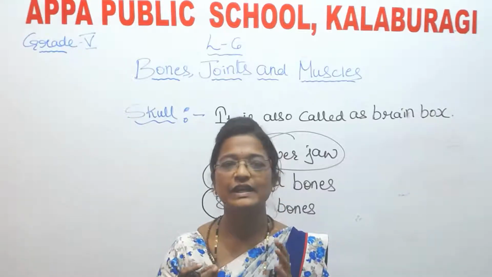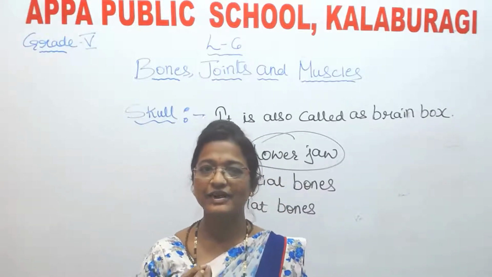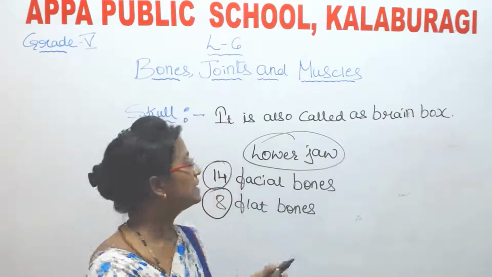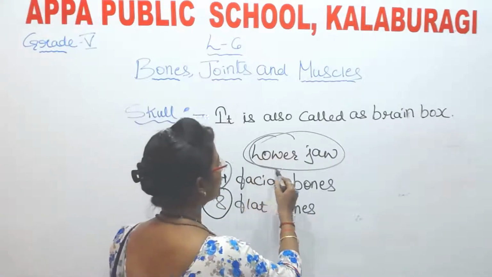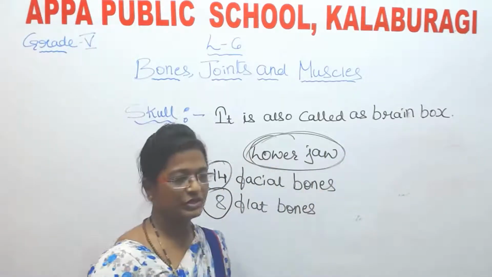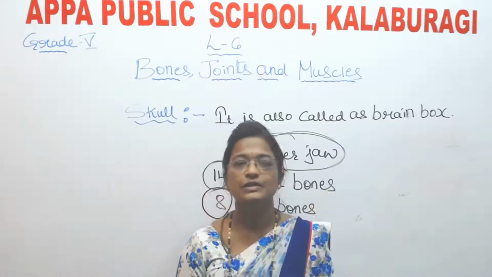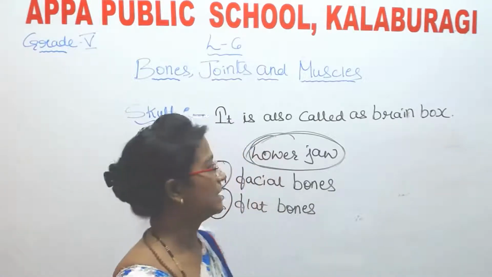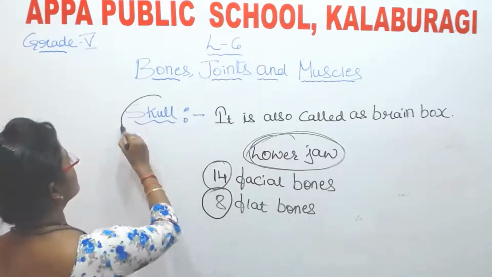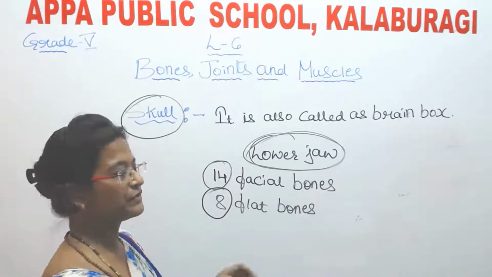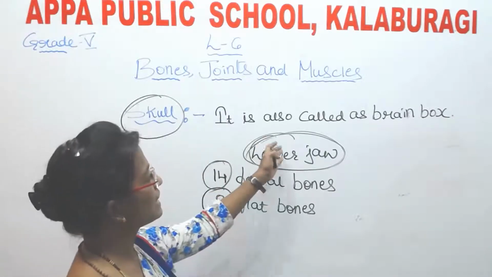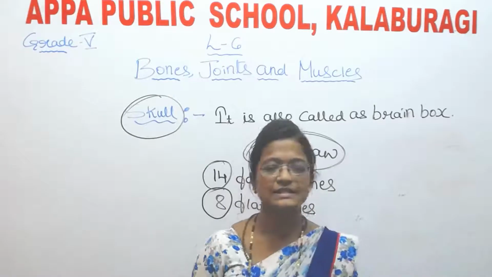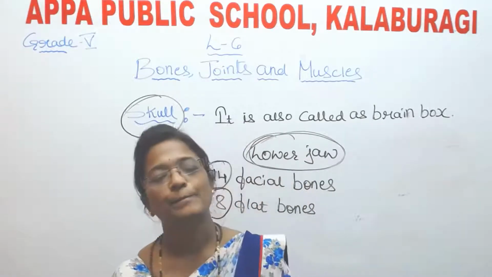That is why we can talk, we can eat, we can open our mouth, because of this bone present in the lower jaw. That is the movable jaw. This is about the skull. Once again, the skull is also called the brain box as it protects our brain.